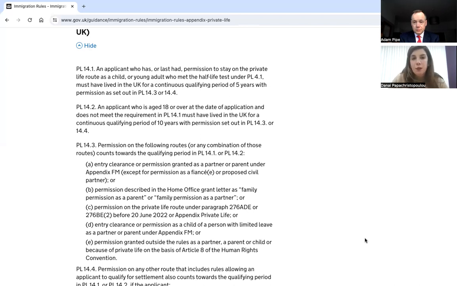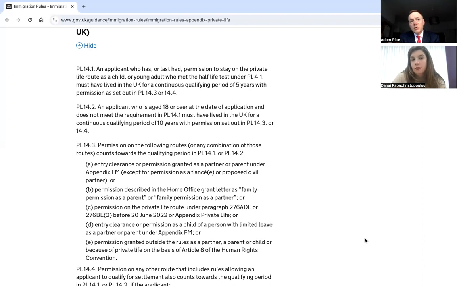We have seen decisions from the Home Office, and sometimes they're not exactly accurate. And these people won't be able to benefit from the early settlement provisions because they don't meet PA 11.3 and PA 14.1, because their current leave is not granted under the private life rules.